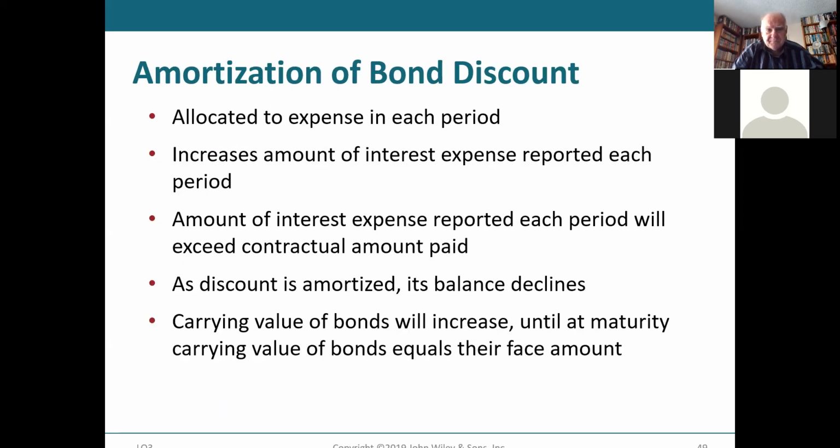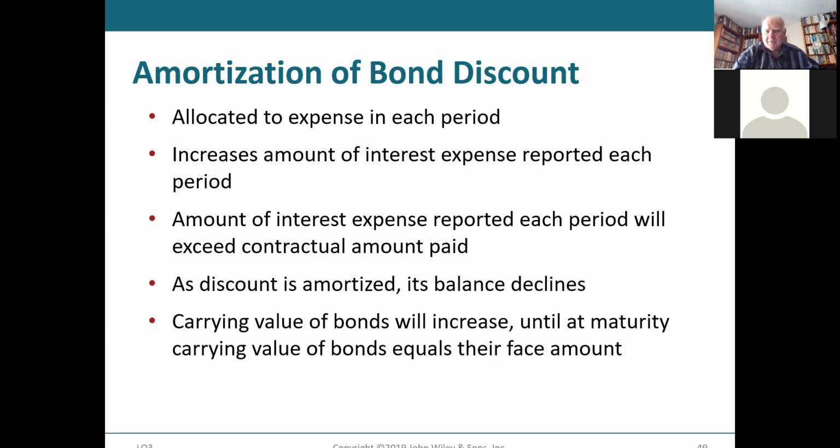So here we go. Amortization allocated to expense in each period increases the amount of interest expense reported. The amount of interest expense reported each period will exceed the contractual amount made. In other words, we sold this bond at a discount, so we have two areas of interest.